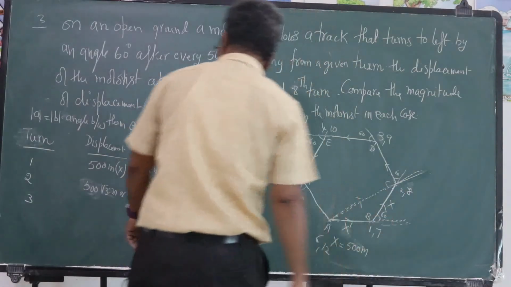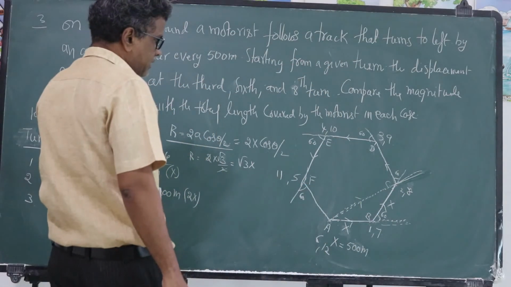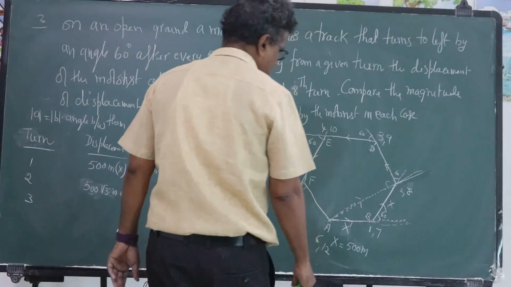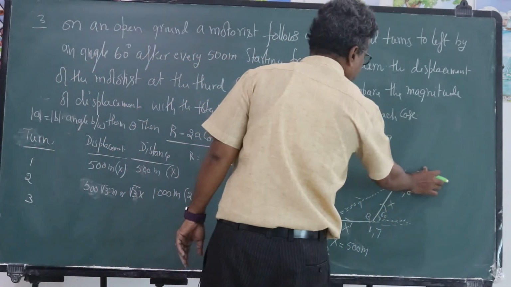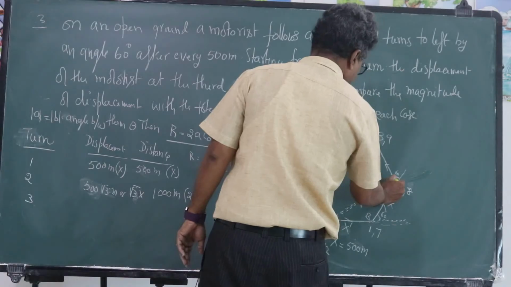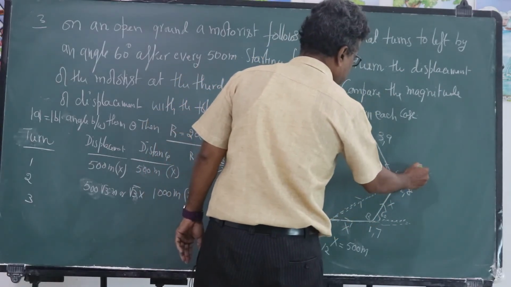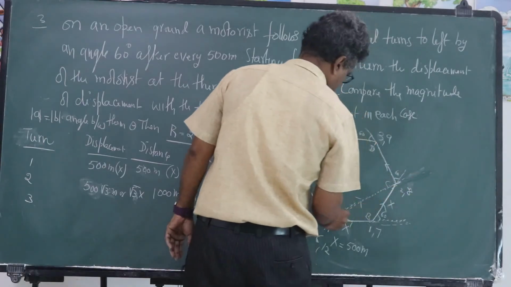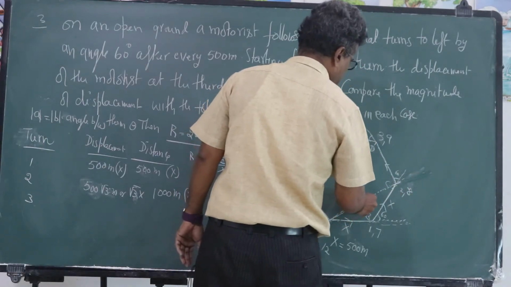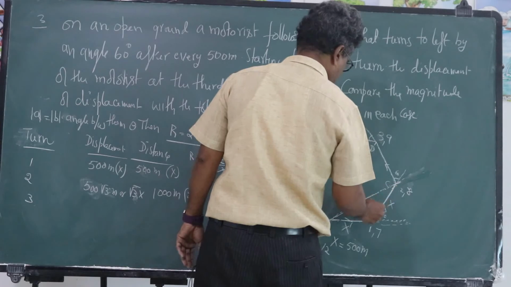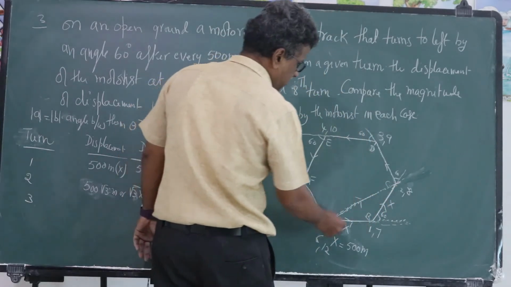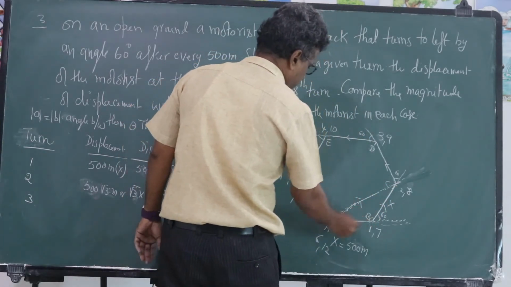This magnitude is root 3x and x. So what is the angle between them? Extend this one. This is 60 degrees. With this horizontal, if this is 60, this becomes 120.